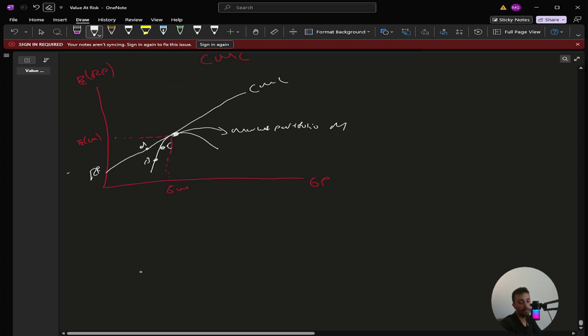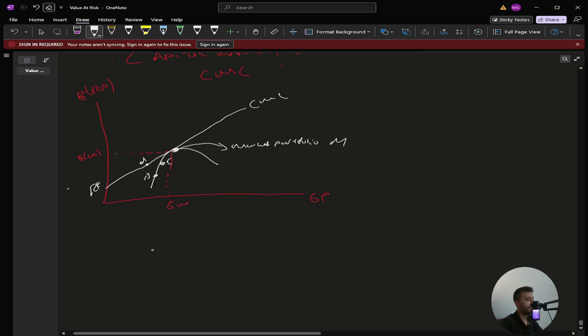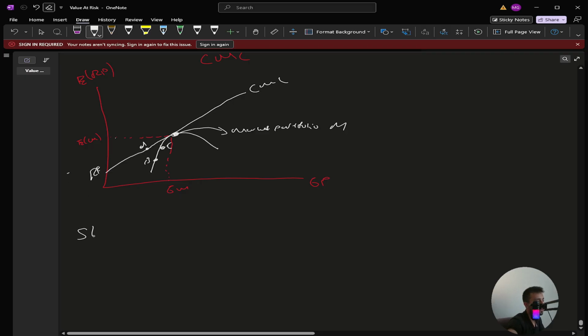We can think of the market portfolio as the portfolio containing all risky asset classes in the world. In practice, a stock market index is often used as a proxy for the market portfolio, such as the S&P 500.